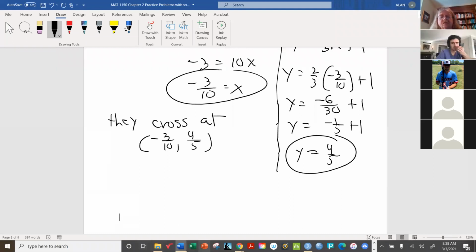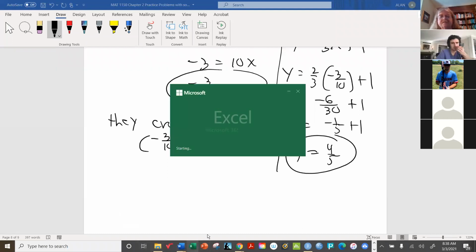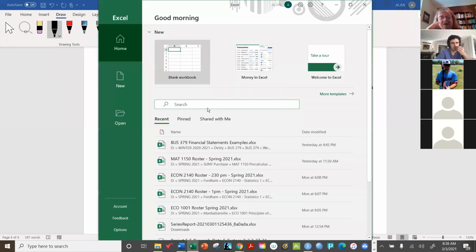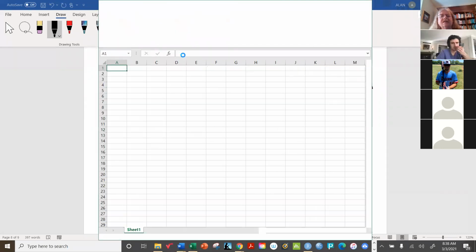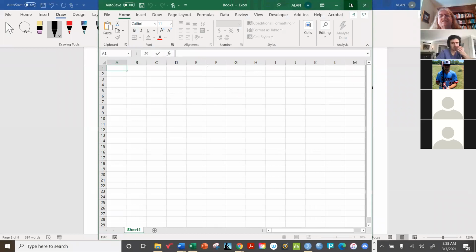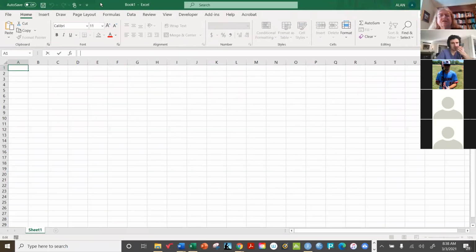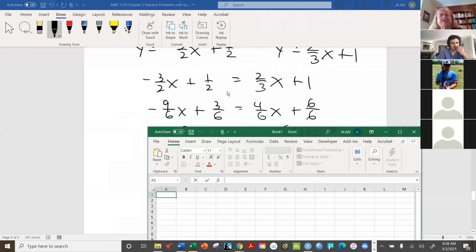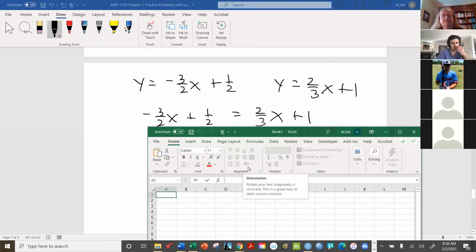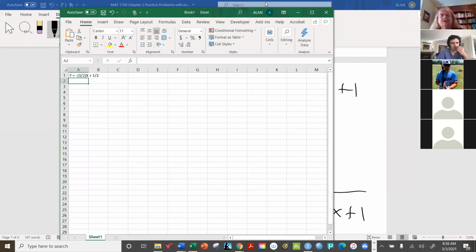Now, if you want to visualize this, I can just open up Excel and throw this in there real fast. I think it's a good idea that we can see what's actually happening here. Keep in mind, Excel is not the best graphics package in the world, but we should be able to come up with something reasonable. So let's see, what do we have here again? We've got these two.